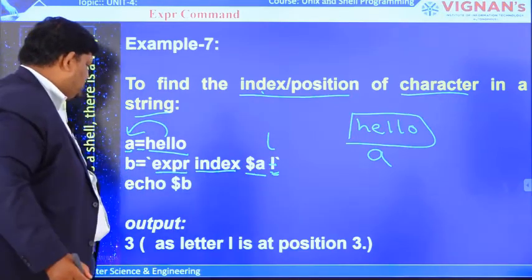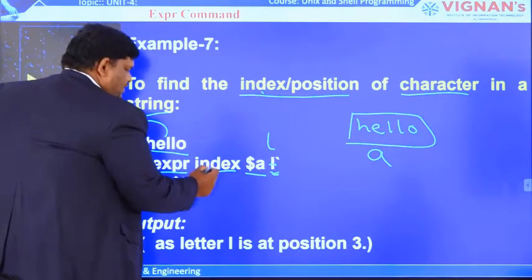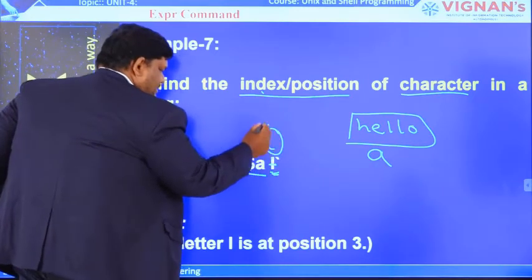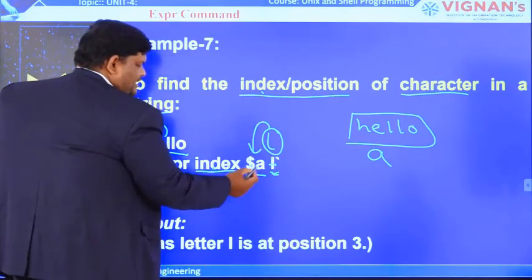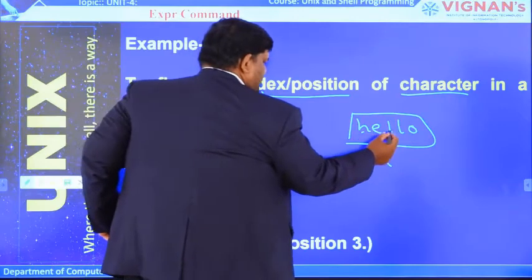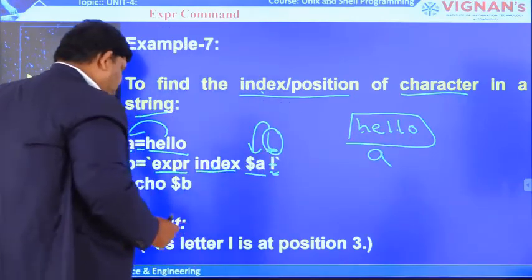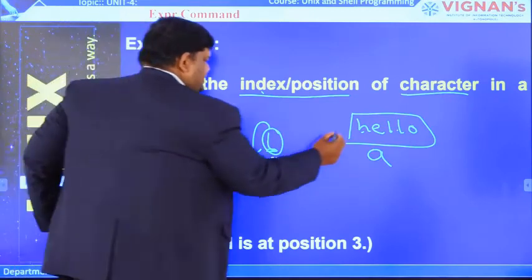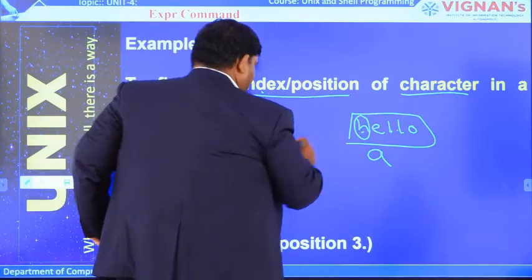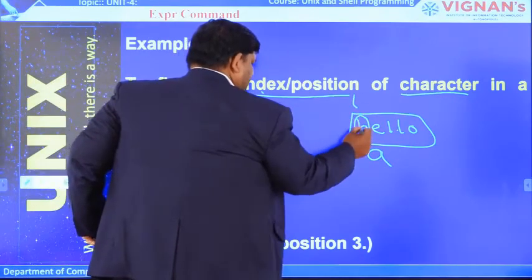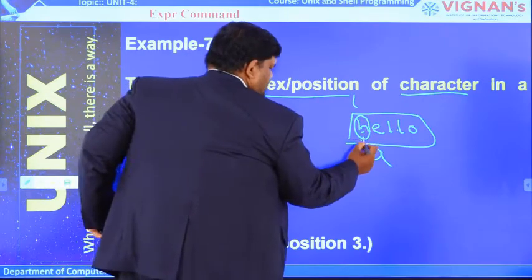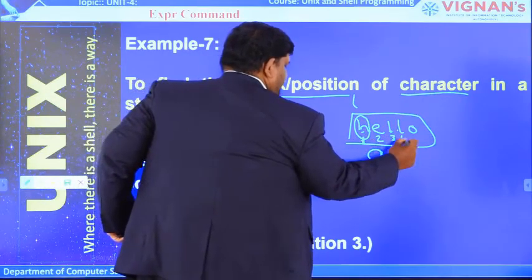Now how the execution happens: index will find this character in this string. Here A contains this value HELLO. So first it will check at what position L is present. First it will check whether the first character is equal to L, no. We know the positions are 1, 2, 3, 4, 5.